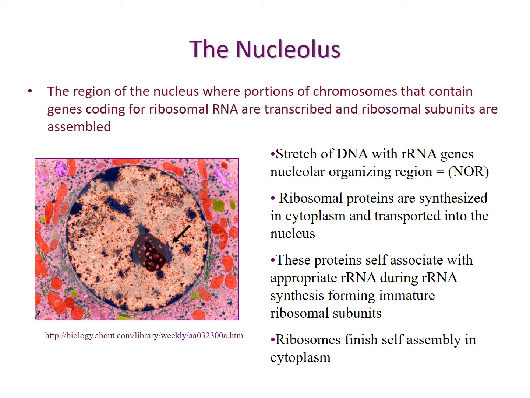And inside the nucleus there's a nucleolus, also known as a nuclear organizing region, which is a stretch of DNA and ribosomal genes, the NOR region. Ribosomal proteins are made in the cytoplasm. They have a nuclear localization signal, and they come in and interact with the ribosomal RNA, forming immature ribosomes that then leave and assemble in the cytoplasm.